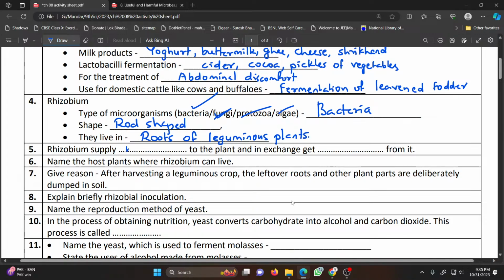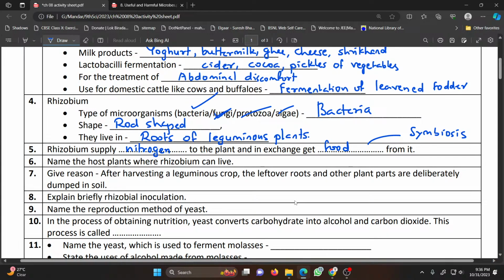Rhizobium supply nitrogen to the plant and in exchange get food from it. Such a life is called symbiotic life, such is called symbiosis.